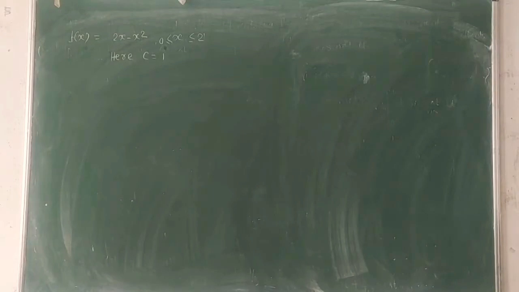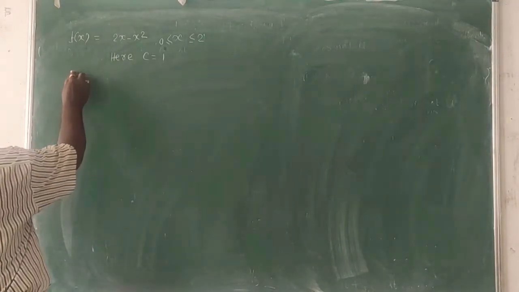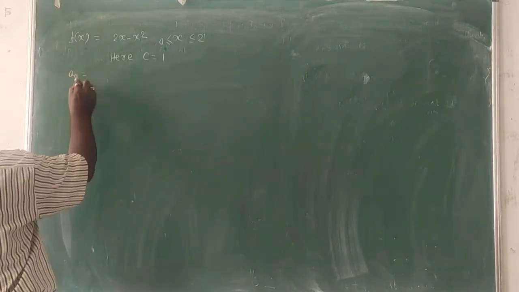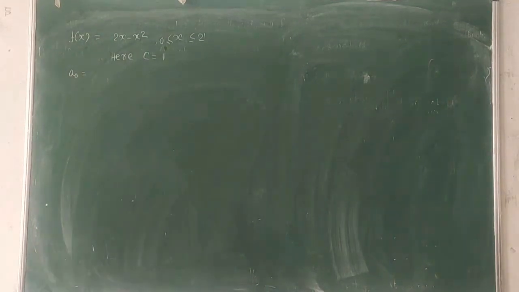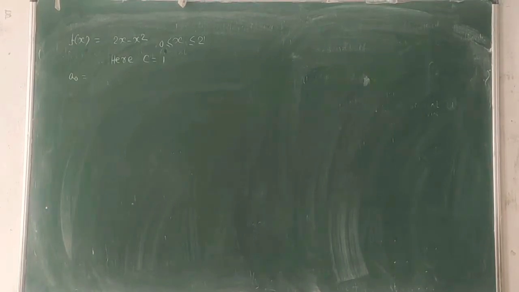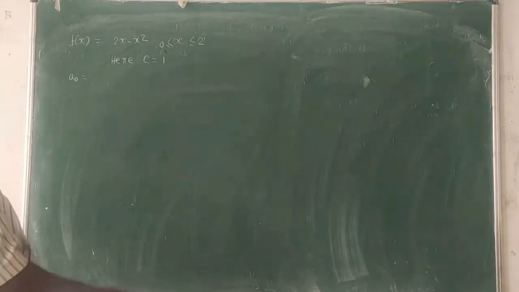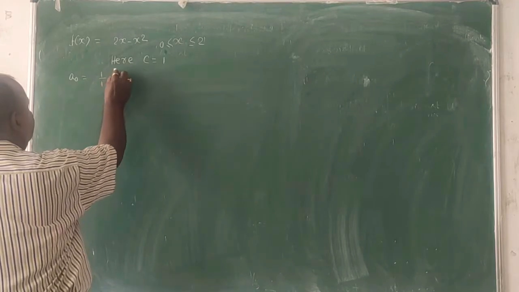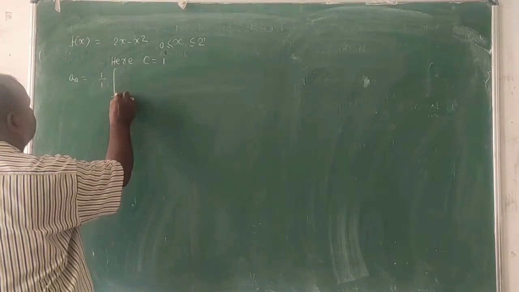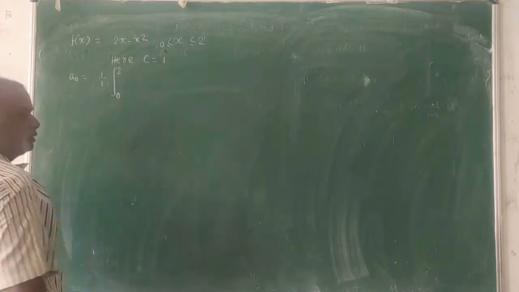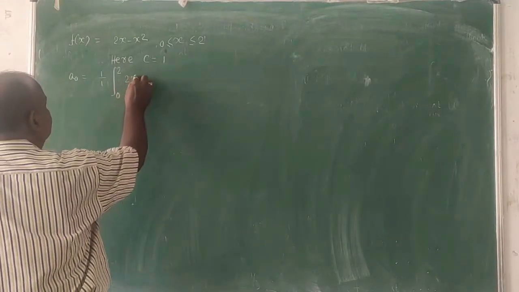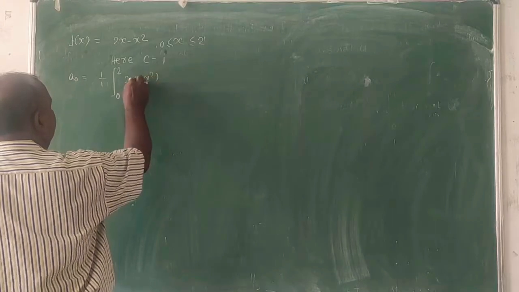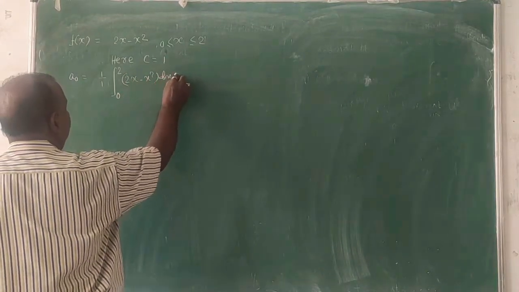Okay. Once c is equal to 1, let me calculate the value of a naught. a naught is equal to 1 by c into the integration of 0 to 2c of f of x, that is 2x minus x square, into dx.